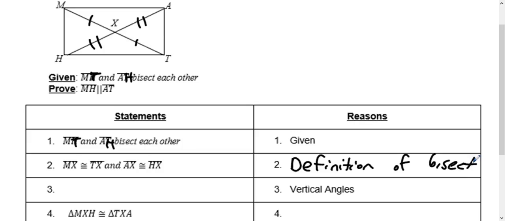Then our next reason is vertical angles. So let's look in this and let's get some vertical angles. And we're about to prove triangle MXH. So let's get an angle in triangle MXH. That'd be a vertical angle over there to AXT. Angle MXH is congruent to angle TXA.